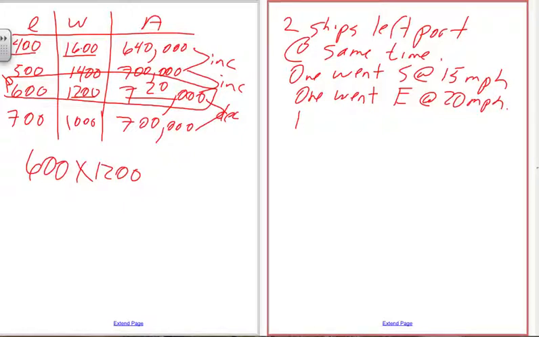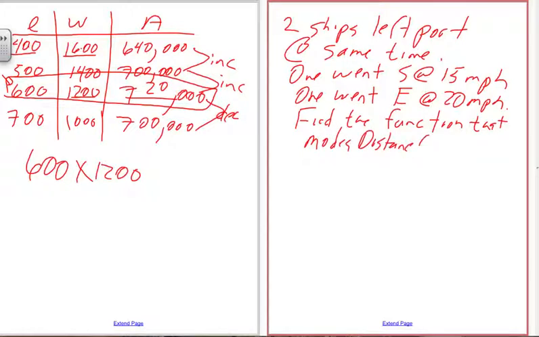Find the function that models distance D as a function of time T.